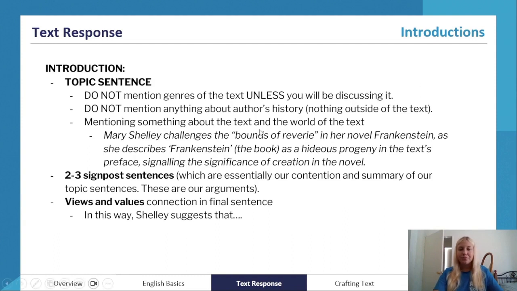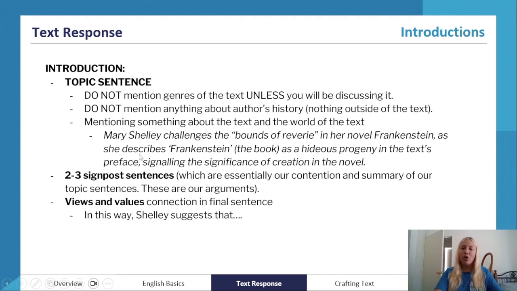And you can mention something about the text and the world of the text. Having a look at this example, Mary Shelley challenges the bounds of reverie in her novel Frankenstein as she describes Frankenstein, the book, as a hideous progeny in the text preface, signaling the significance of creation in the novel.